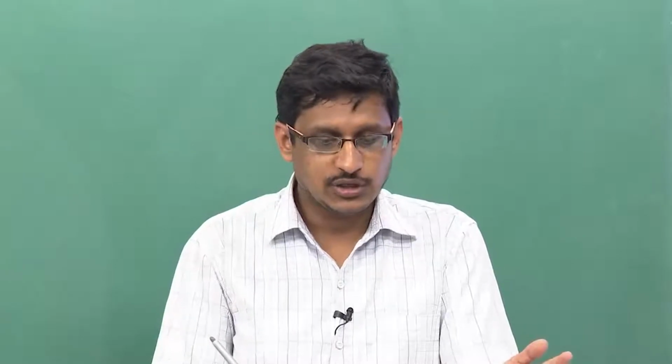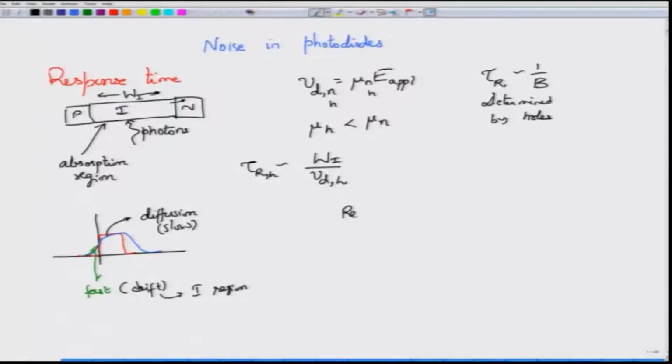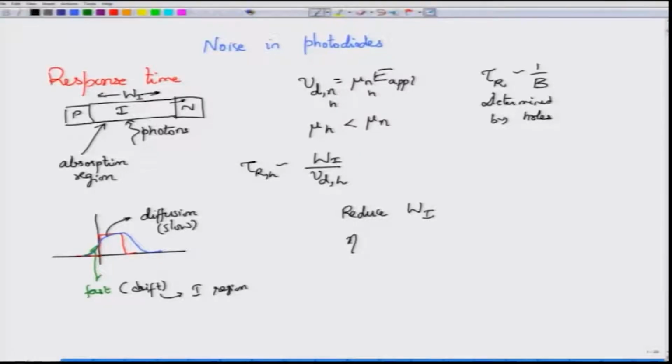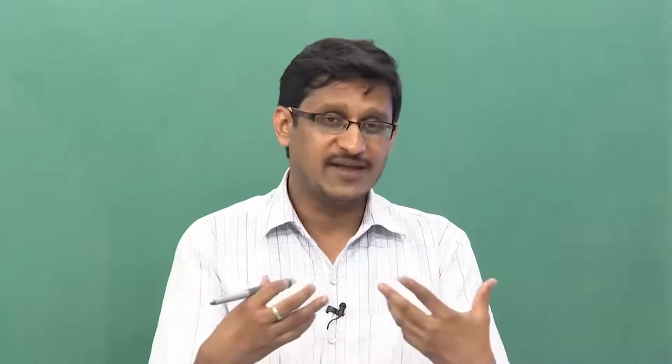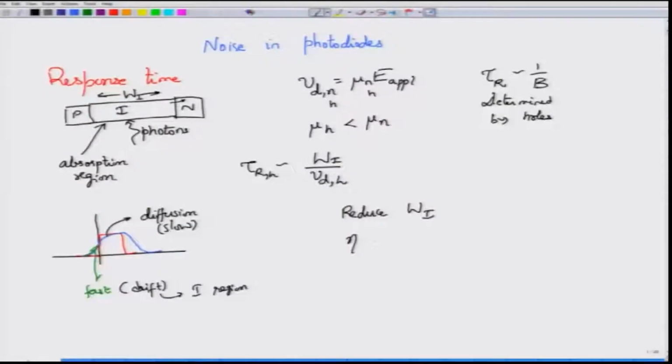The other solution that you can try is to reduce the intrinsic region width Wi. But remember, Wi makes a major appearance in defining the quantum efficiency. The external quantum efficiency, which is defined as the rate at which photocarriers are generated to the rate at which photons are incident, depends on how much optical power is absorbed.